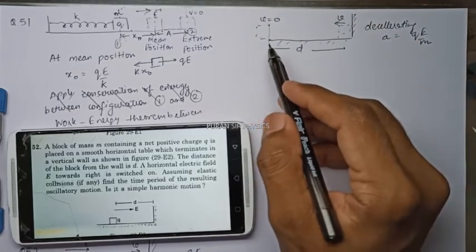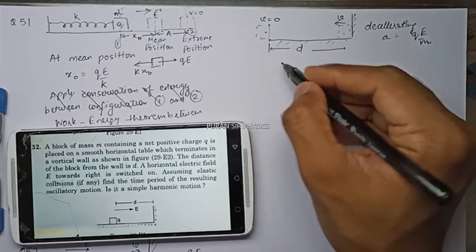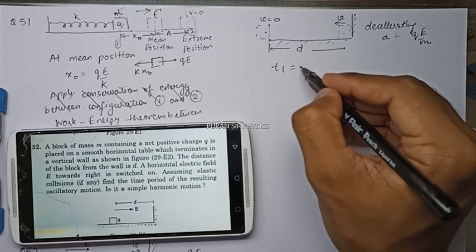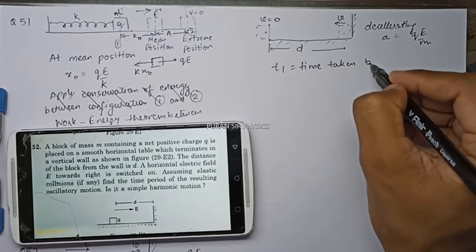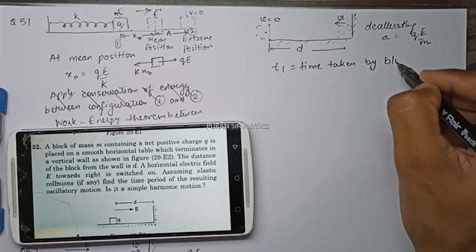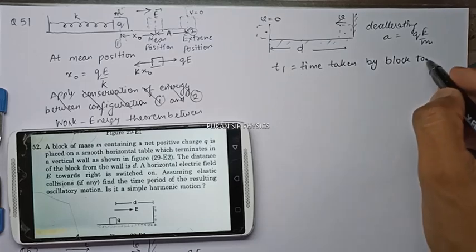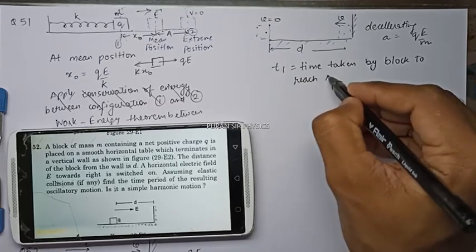So the time taken for the block to move from this position to this position, say t1 is the time taken by the block to reach the wall.